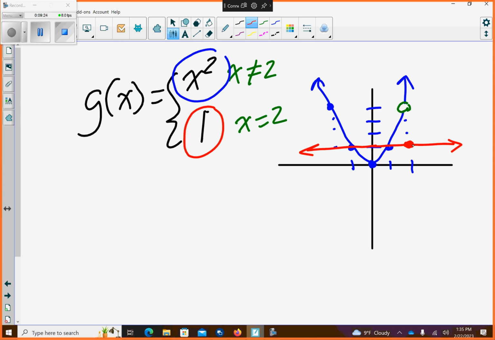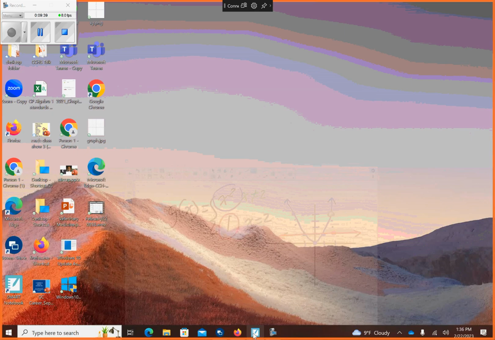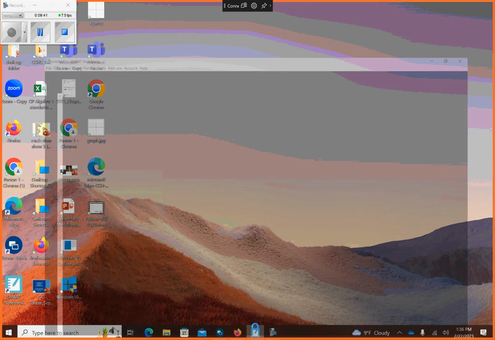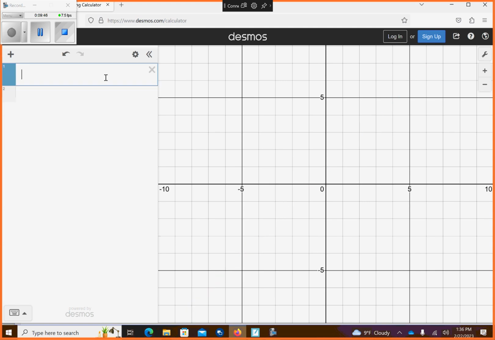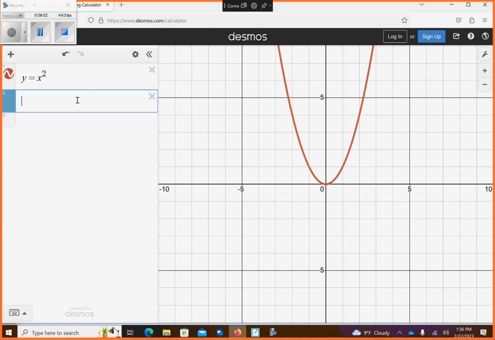Okay. So do you all feel comfortable? There are 2 equations that are drawn up there. We have the blue and the red. We have the horizontal line and we have the parabola. So y equals x squared and y equals 1.